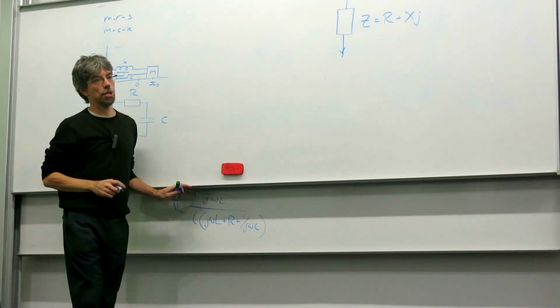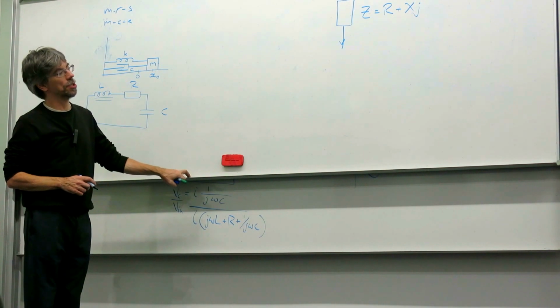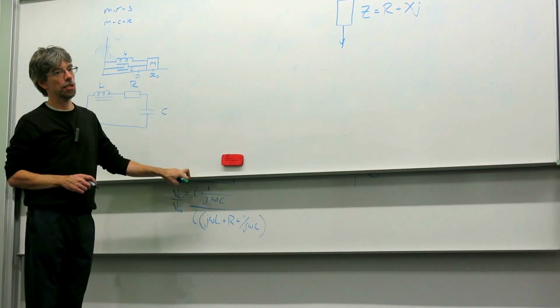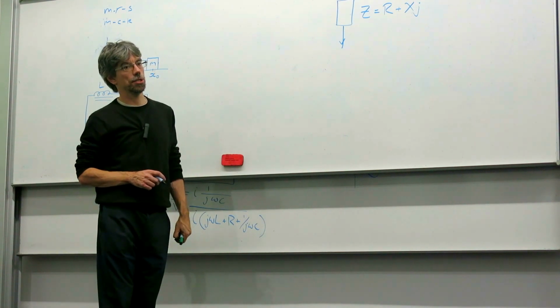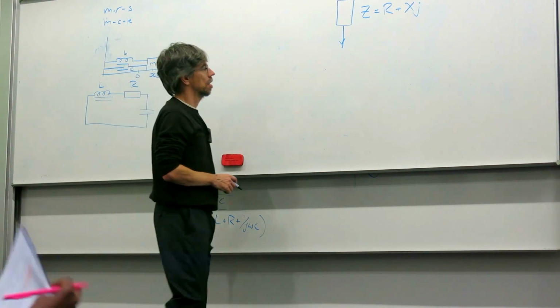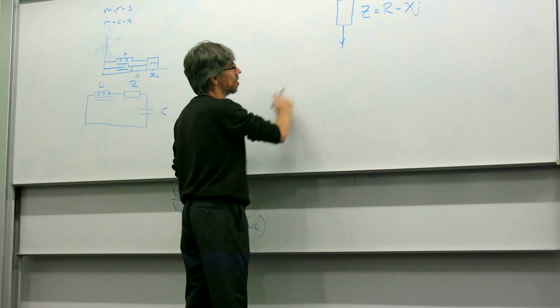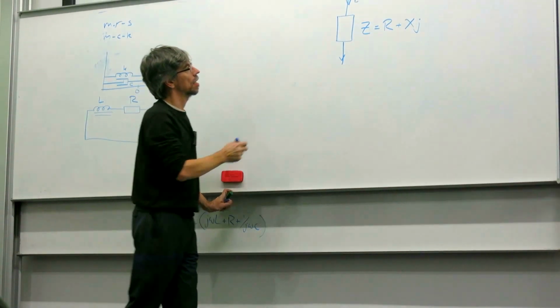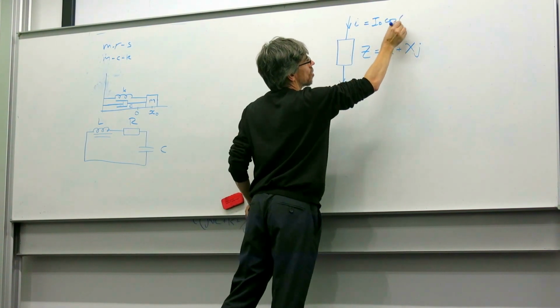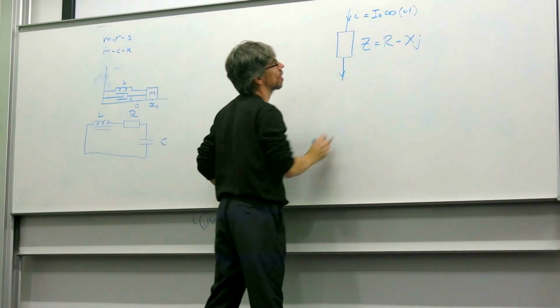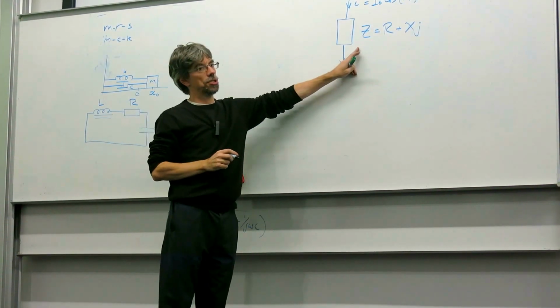Let's say we've got some arbitrary impedance, R plus xj. So R is its resistance, and x is its reactance. So the method of phasors says if the current is in real life I naught cos omega t, what is this impedance going to do?